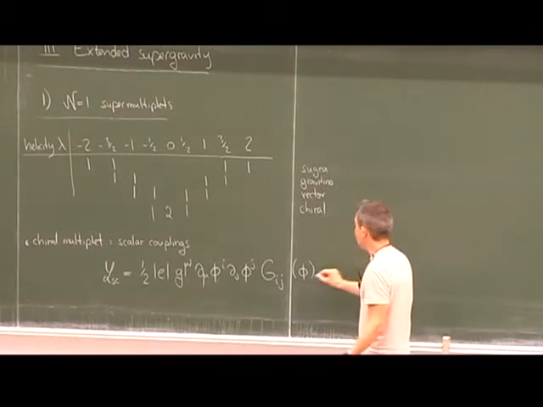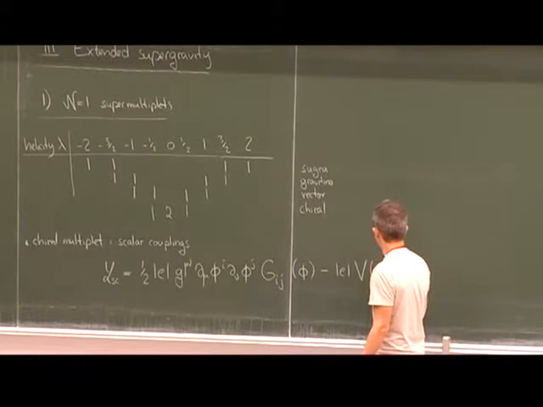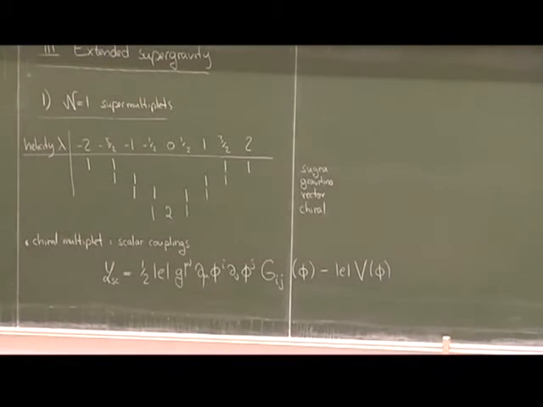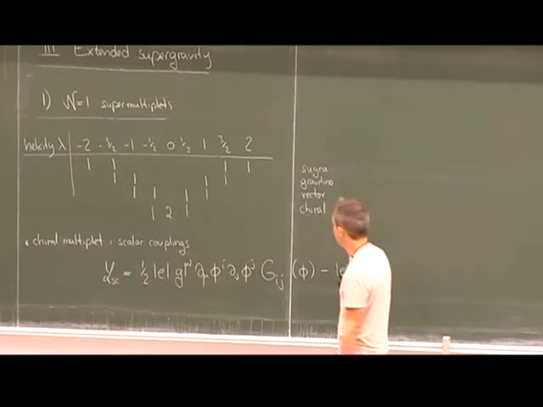And then what else can there be? Well, it's scalars, they could also have a scalar potential. Right? So there could be some function depending on the scalar fields which takes the role of a scalar potential. And roughly for the scalar fields, that's it. Okay?